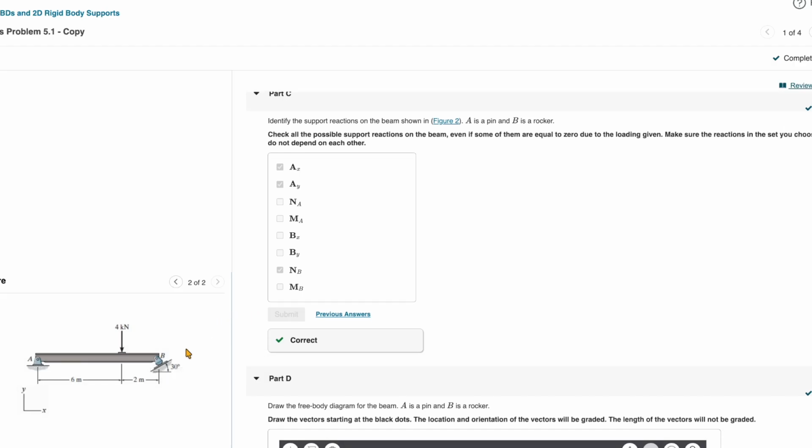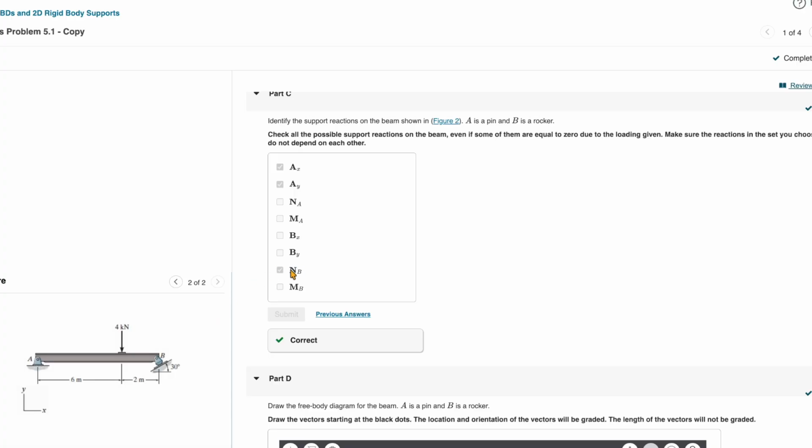Now, if you look at it, the rocker is pushing down at this angle, and it's on a plane or a 30-degree slope. And so that'll kind of tell you, okay, rocker, it's not going to hold it in the X and the Y like a pin might, but the whole beam is being supported by it. So where's that force going?